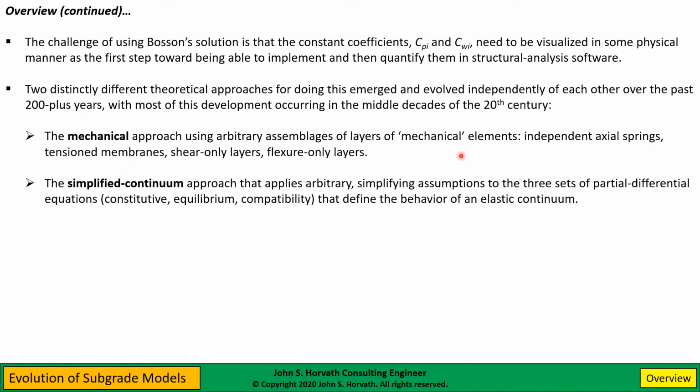And this is, we start with the sets of partial differential equations, constitutive, equilibrium, compatibility, that define the behavior of any elastic continuum, and then we make some judicious simplifying assumptions. As you can see, these two approaches have absolutely nothing to do with each other, completely independent.